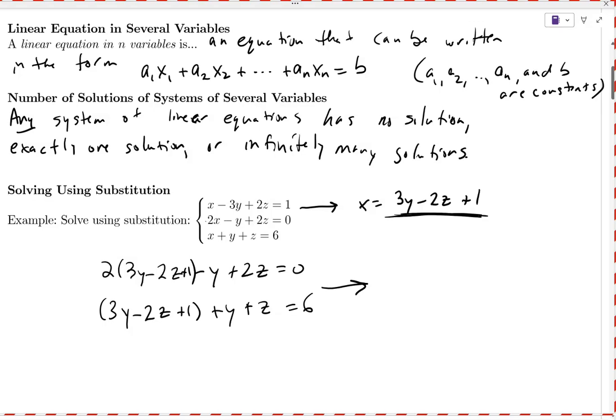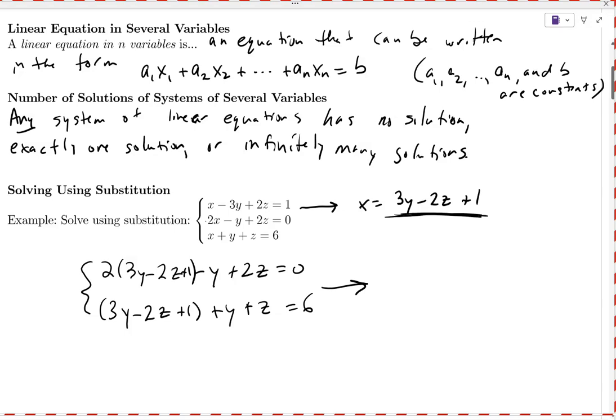And what we've done, of course, is we now have a system of two equations with two unknowns to look at. At this point, we want to simplify. We would distribute the 2 through and then combine like terms. So you've got 6y minus y.